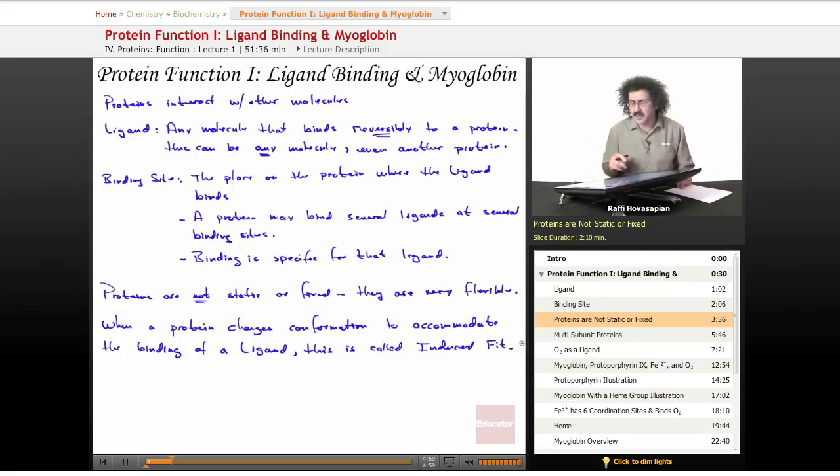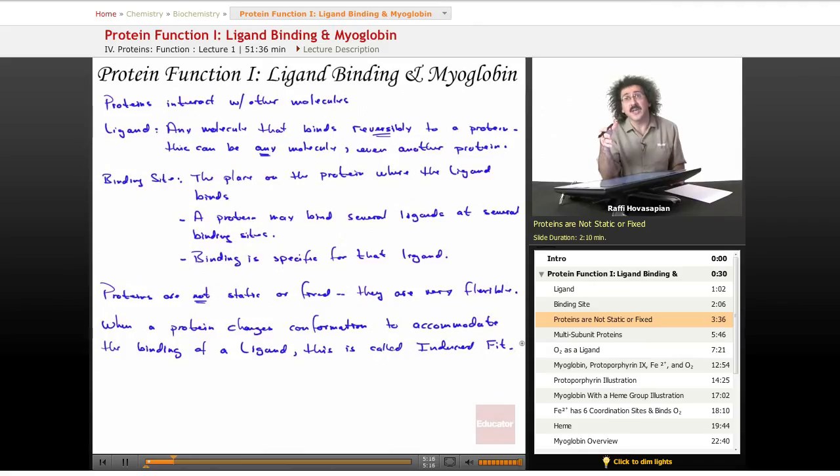You've often heard this term induced fit used to describe an enzyme from your other bio courses, in order for it to bind its particular substrate. Well, it's the same thing. An enzyme is just a protein molecule.